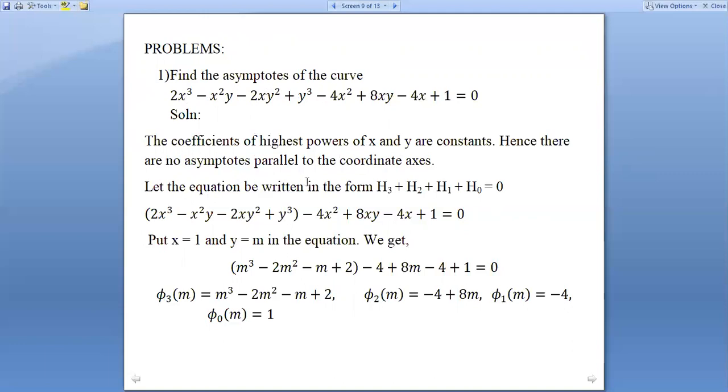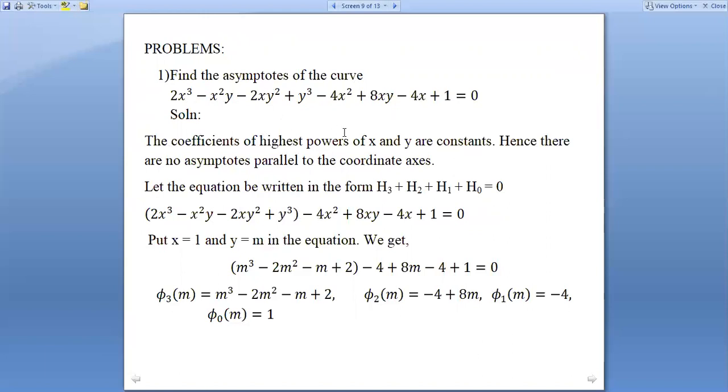Now, let us write the equation in the form. Since the degree of the equation is 3, I'll write it in the form of h3 plus h2 plus h1 plus h0 is equal to 0. So h3 is all those terms having the degree to be 3. So this will be 2x cube minus x square y minus 2xy square plus y cube.